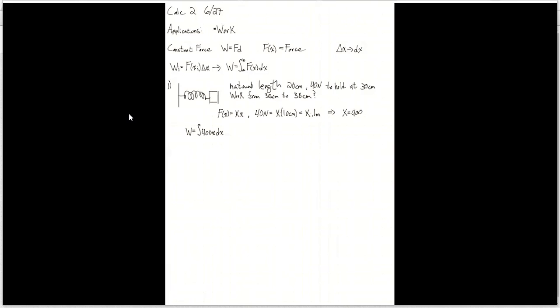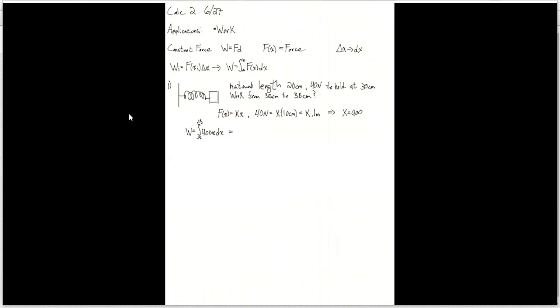So even though we're going from 35 to 38 centimeters, we're looking at a displacement of 0.15 to 0.18, right? Because we started at 20 and we needed to go to 35, right? So that's 15 away, and we have to be talking about meters, so it's 0.15. Similar for the top bound with 0.18, right?